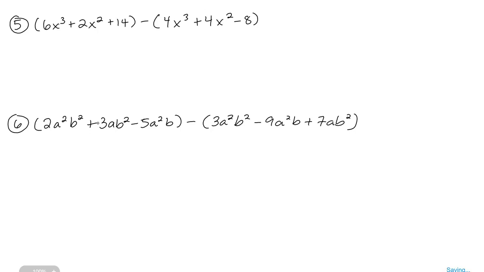Okay. All right, so I'm going to put the answers down, but you should be practicing these on your own. On number 5, we should have gotten 2x cubed minus 2x squared plus 22.